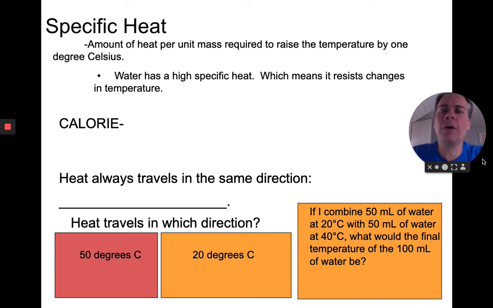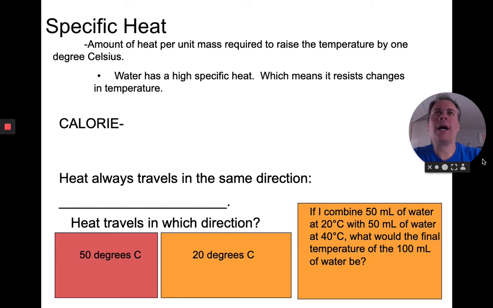Or say you have a pool and you go swimming at night, in the middle of summer. Nighttime comes along and it cools down outside, but if you go in the water of the pool, you might find that it's still warm, because it's retaining that heat from throughout the day, and it takes a long time for it to cool off.